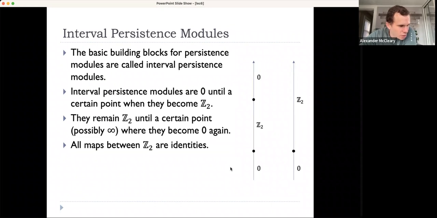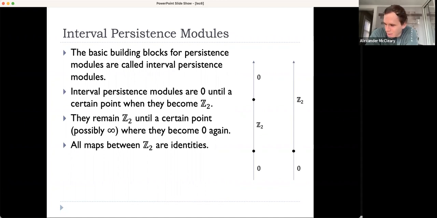Just like with vector spaces, how we could break down any vector space into a direct sum of the ground field. Let's say you have an n-dimensional vector space over a fixed field K. Well, we know that that vector space is just going to be isomorphic to K to the n.